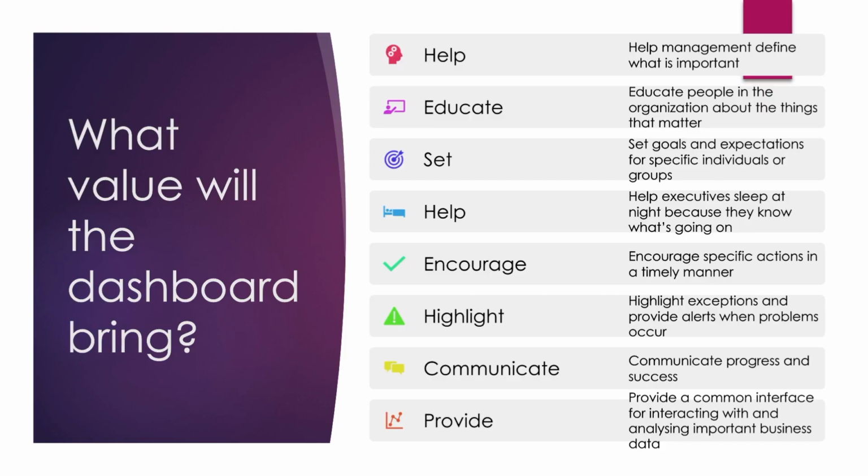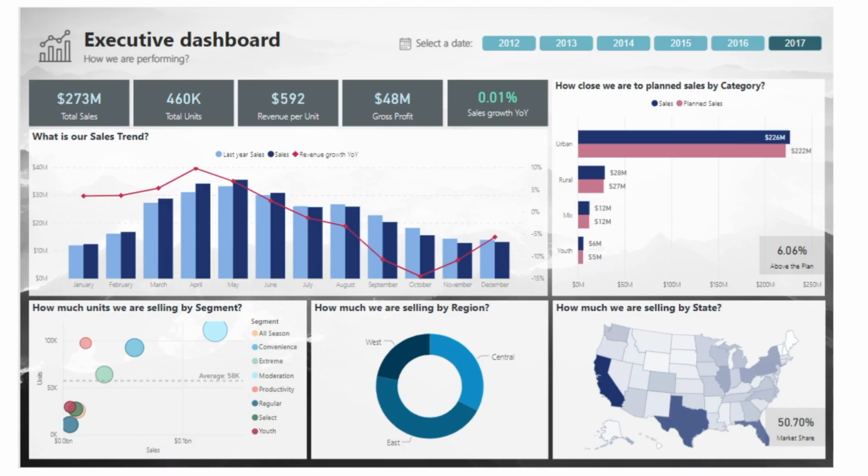And also it helps us to educate people in the organization about the things that matter. As you can see here, the important thing which matters to the organization is their sales trend. And we can see our sales trend is going down in the second half of the year. So why is that? That matters to the organization. By looking at these trends, they can re-strategize to understand what's happening and how they can improve the sales.